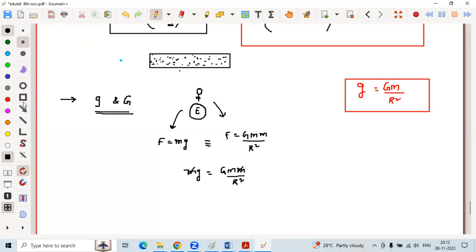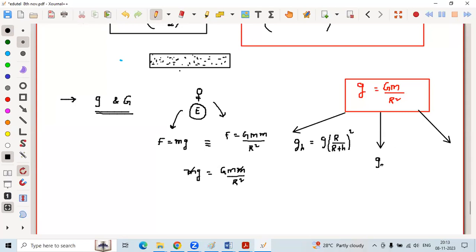Now how does this vary? It varies in three ways with respect to height, depth, and angle. G at a height is equal to G on the surface into R by R plus H whole square.